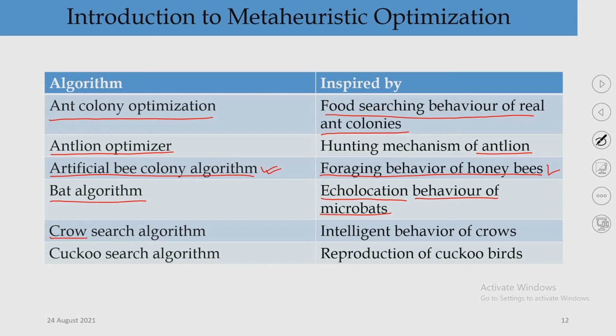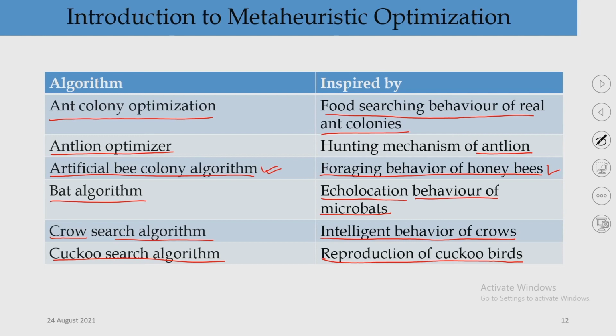Then the crow search algorithm. So, this is inspired by the intelligent behavior of crows. Okay. So, this is another metaheuristic optimization algorithm. Then the cuckoo search algorithm, inspired by the reproduction of cuckoo birds. Okay. So, these are some of the metaheuristic algorithms.